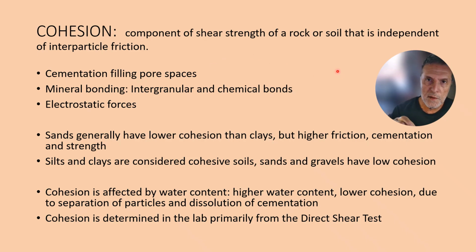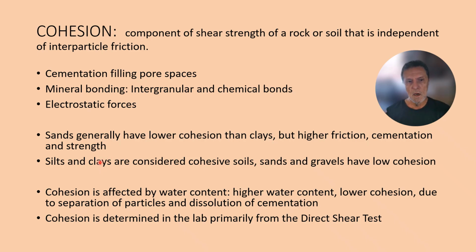So shear strength has components of cohesion, which is interparticle friction, cement filling pore spaces, mineral bonding, electrostatic forces. All these forces contribute to the cohesion of rock and soil. Sands generally have lower cohesion than clays, but higher friction, cementation, and strength.